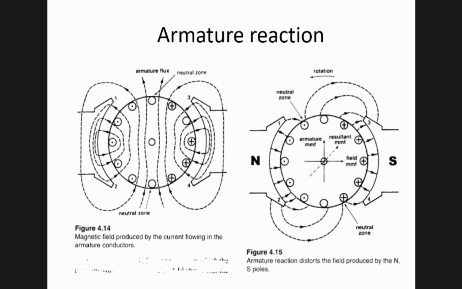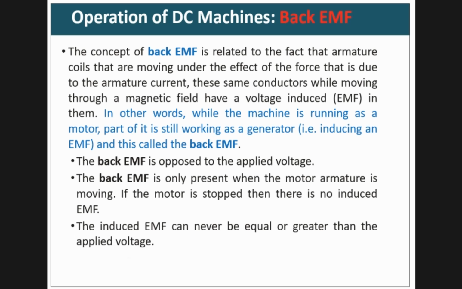Right now I come to the motor situation. In motors we are supplying current, and due to that current and the magnetic field there will be a force on the conductors, so it is moving, right?